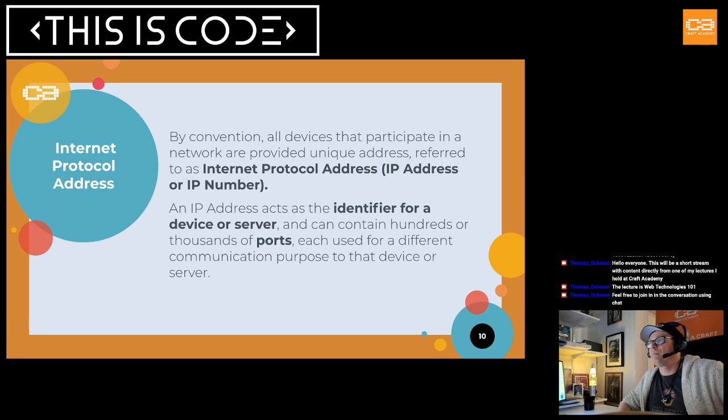Now, the IP number acts as an identifier for a device or server, and can, apart from having an address, also contain several ports, hundreds or even thousands of ports. And ports are like doors into an address.